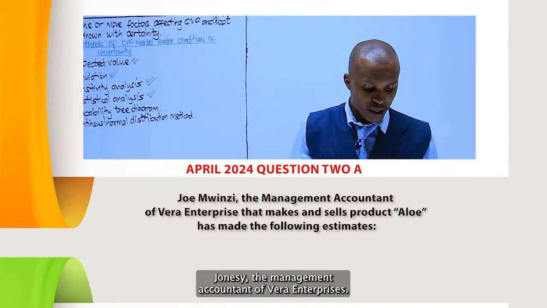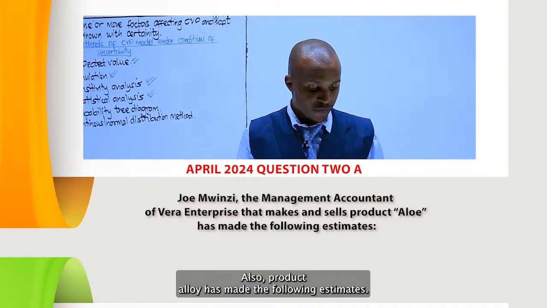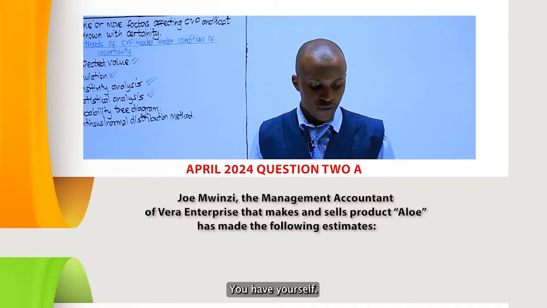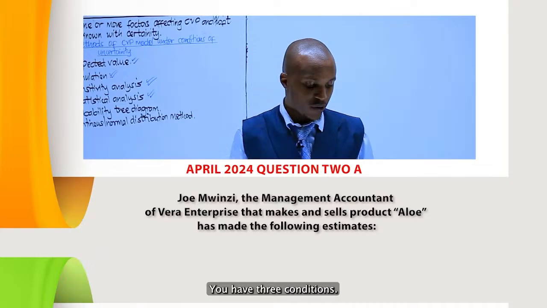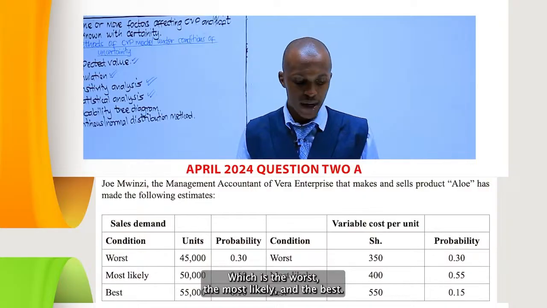Joe Mwinzi, the management accountant of Vera Enterprises that makes and sells alloy products, has made the following estimates. You have your sales under three conditions, which are the worst, the most likely, and the best.